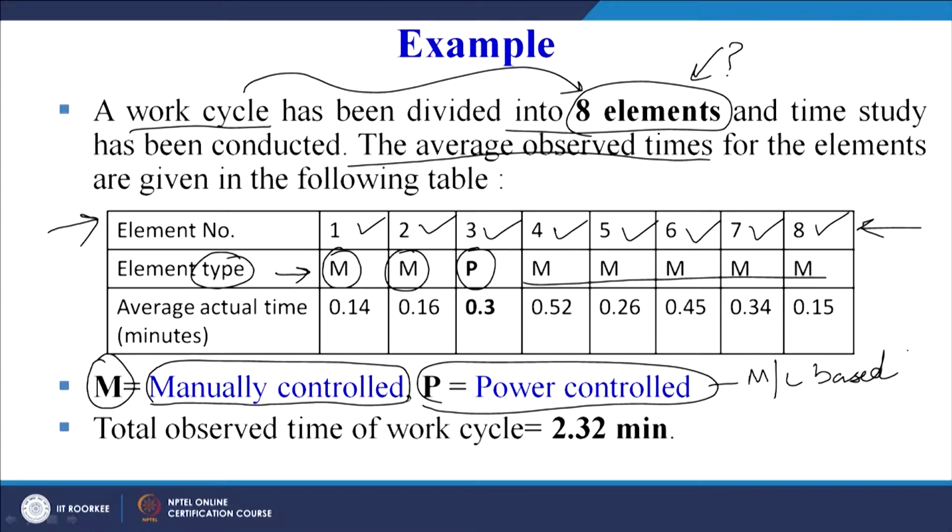Why has this classification been done? Because we will understand this from the rating factor point of view. When the work is being done manually, we can give some rating. As I highlighted in the previous session also, when the work is being done by a machine, we know that the machine has this capability, it will be able to produce 100 components per hour, for example.